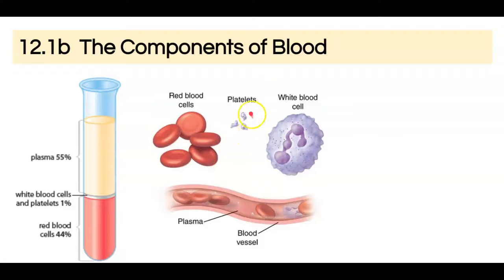Platelets are really teeny tiny little fragments of cells. And then our white blood cells are the largest of the 3. So they all kind of travel together in our blood vessels in this sort of broth of plasma. So plasma is sort of like the broth to the soup that is blood with all of its constituent parts.